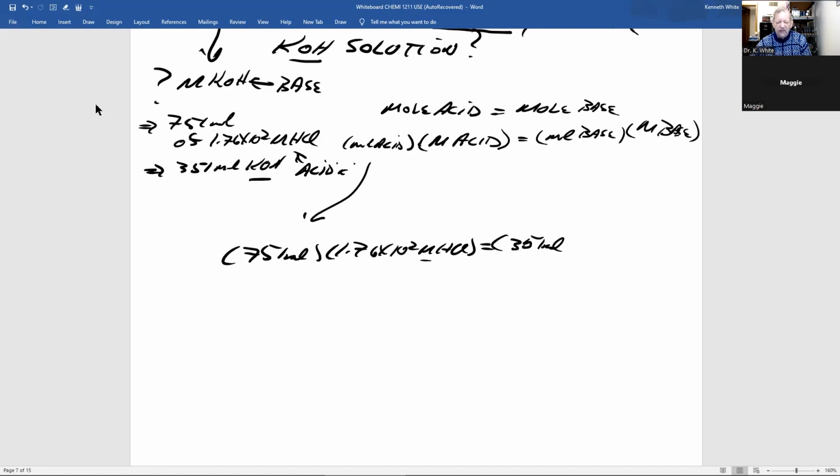Remember, KOH is your base, and we're trying to find the molarity of the KOH. Now, I'm going to rewrite this real quick. You don't have to, but to help you understand what I'm doing, all I'm doing is flipping it.